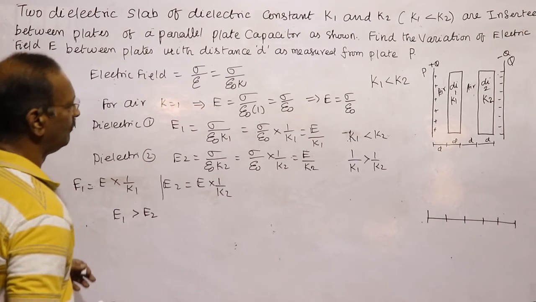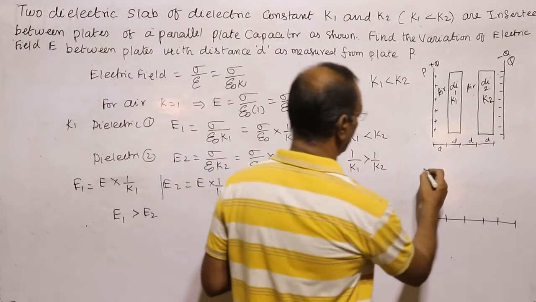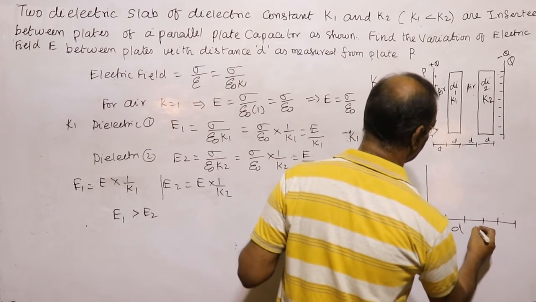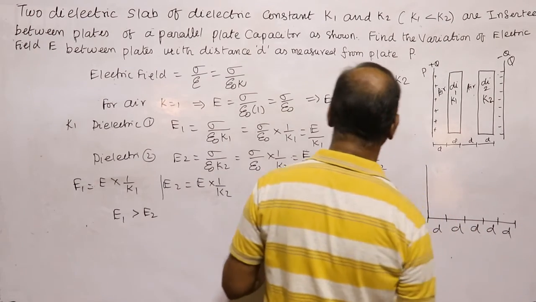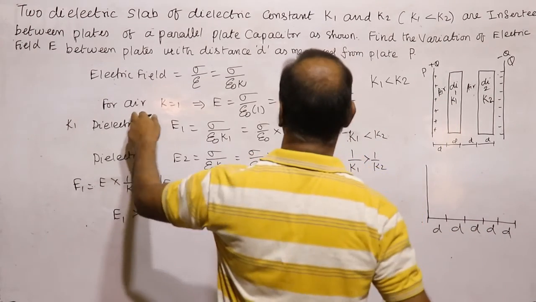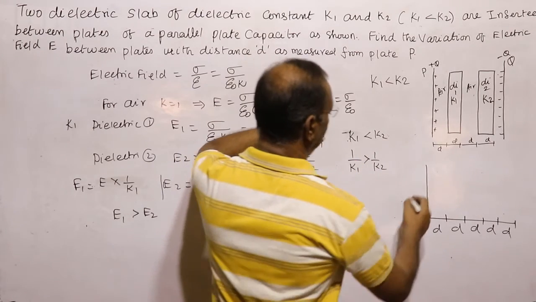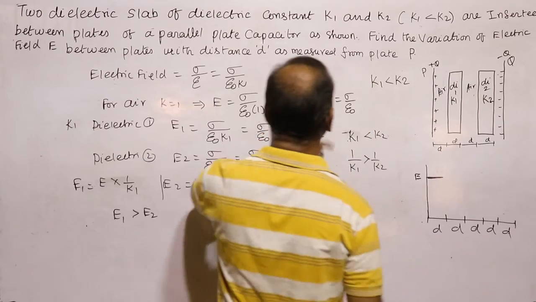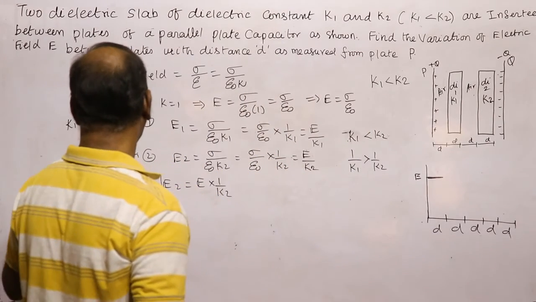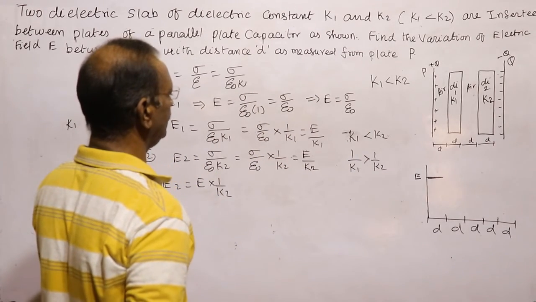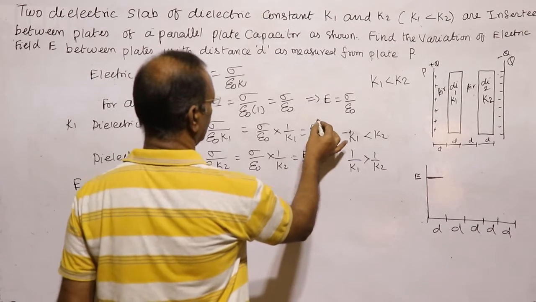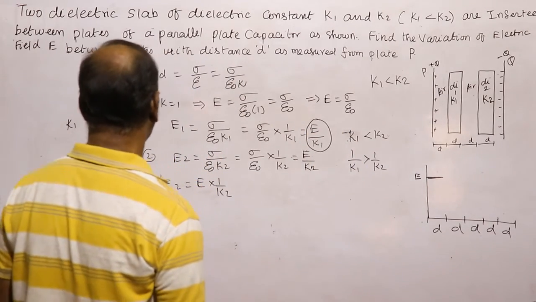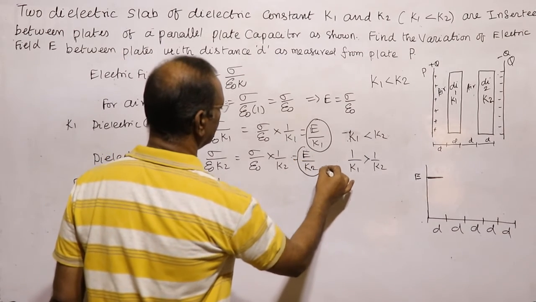Therefore, we can say, now we will plot the magnitude against D. Here air is there, and the electric field is equal to E from here to here. Now E1 is equal to E divided by K1, and E2 is E divided by K2.